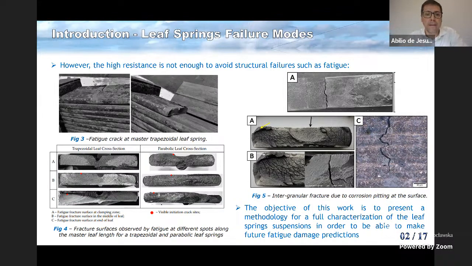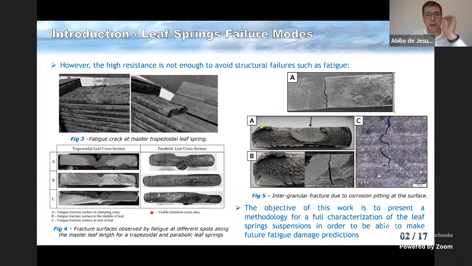Because we still have failures in these springs, and sometimes they are unpredicted failures, and since they are critical elements in the wagon, those failures could lead to major economical losses and sometimes human casualties.